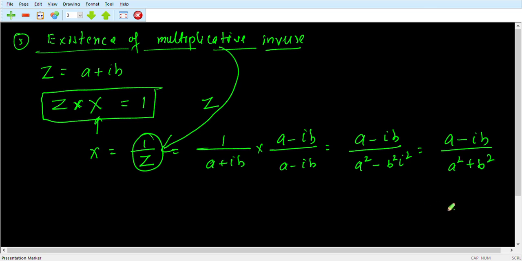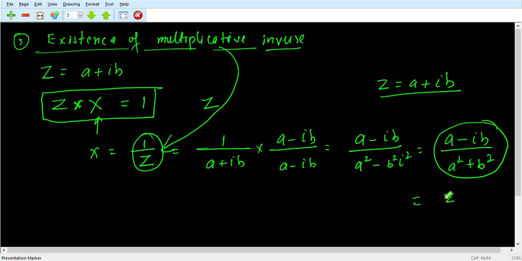Okay, so if you see this value closely, our z was a plus iota b and the numerator is a minus iota b. So the numerator can be written as the conjugate of z, and the denominator can be written as under root a square plus b square, whole square, because under root a square plus b square is the mod of z.